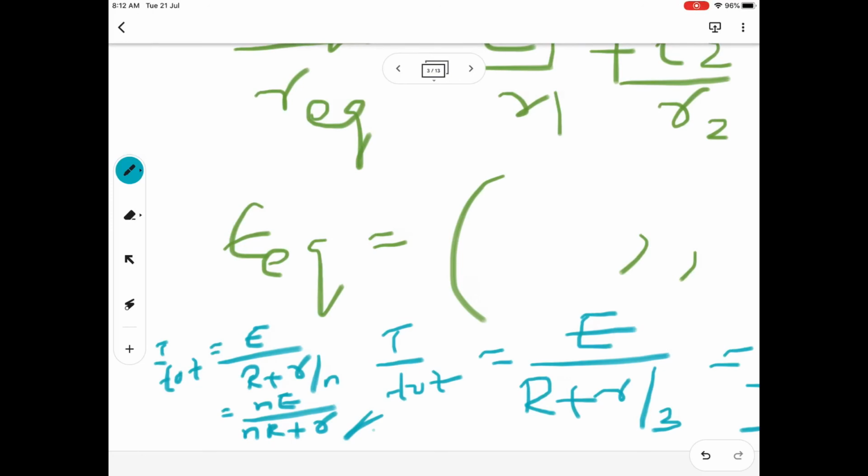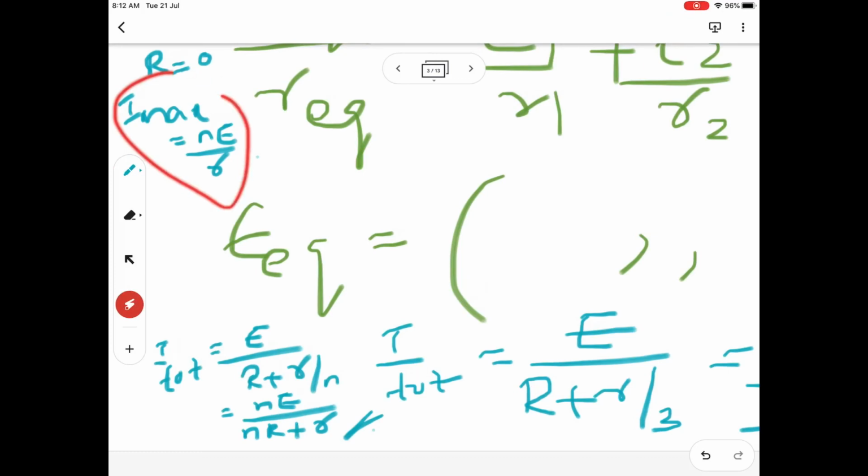And from here we can separate I maximum, which is when capital R is 0. That is nE by small r. With capital R 0, no external resistance is connected, so the total current will be maximum, which is nE by r. So this we are speaking for n identical cells in parallel combination. So that's it. Thank you.